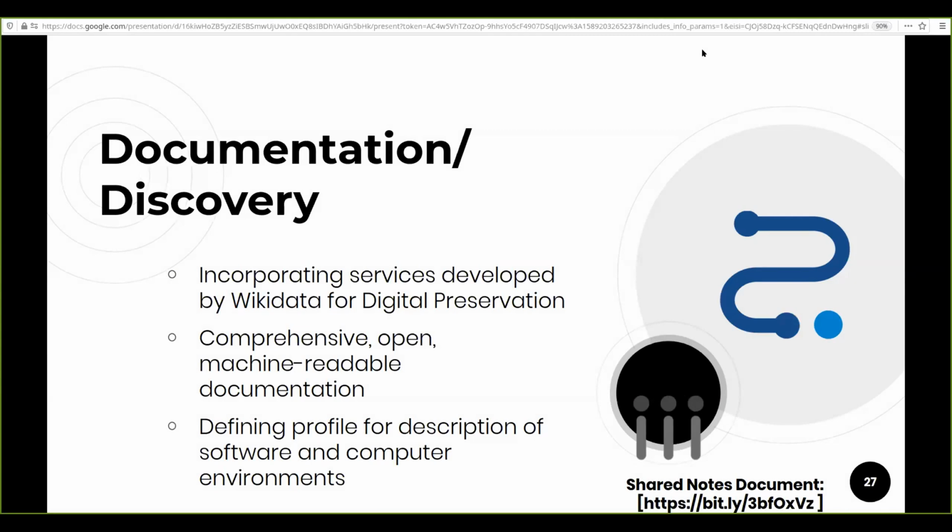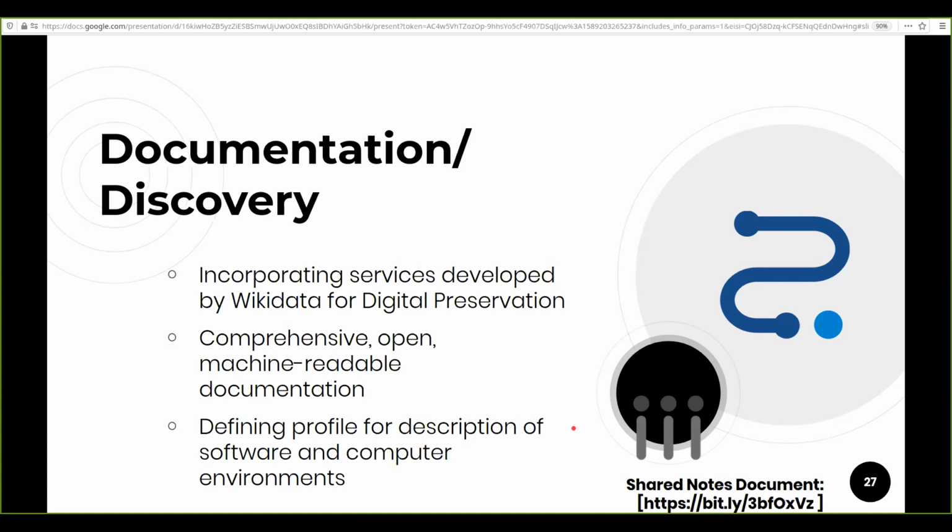There's also our documentation and discovery bucket. We are working on creating an extended metadata schema or profile for describing software and computer environments, part of that challenge of considering software as a preservation object in and of itself.